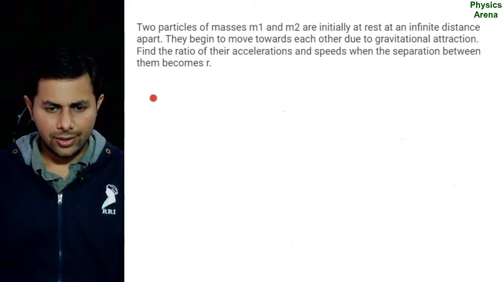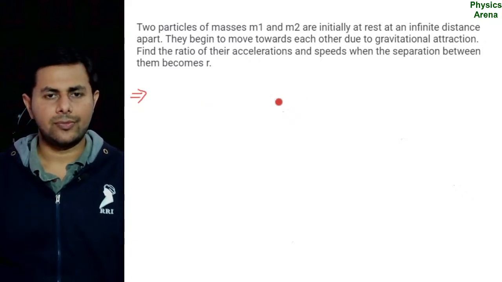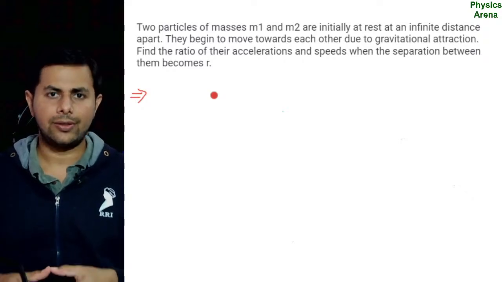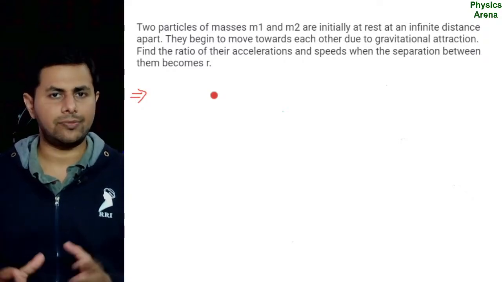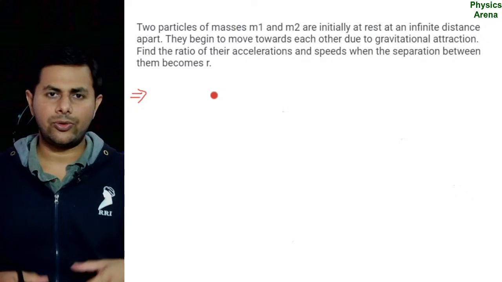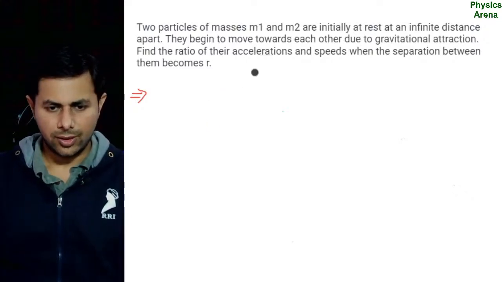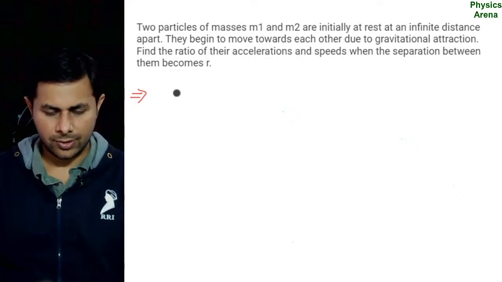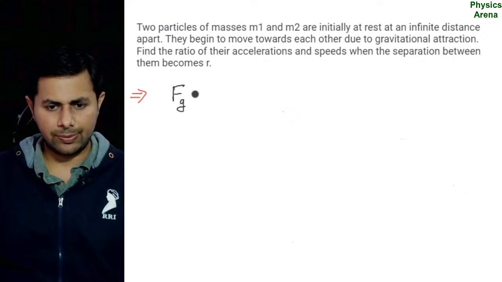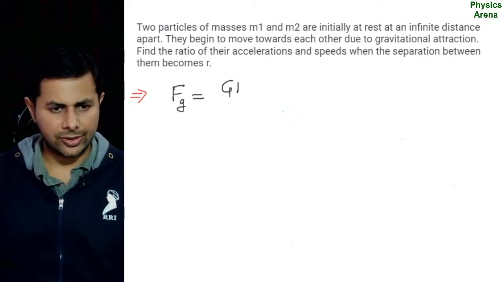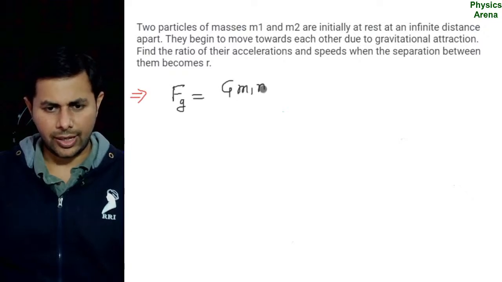All right, so let's solve this. When the separation between them is r, the gravitational force of attraction between them will be G m1 m2 over r squared. So the gravitational force F_g is G times m1 into m2 over r squared.